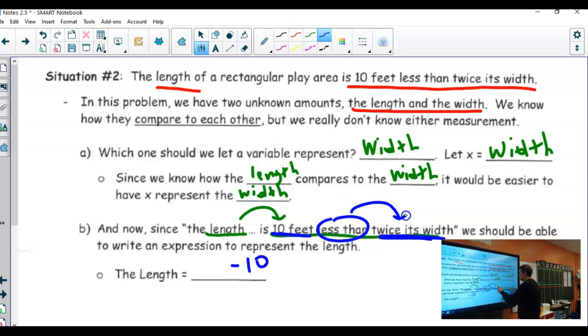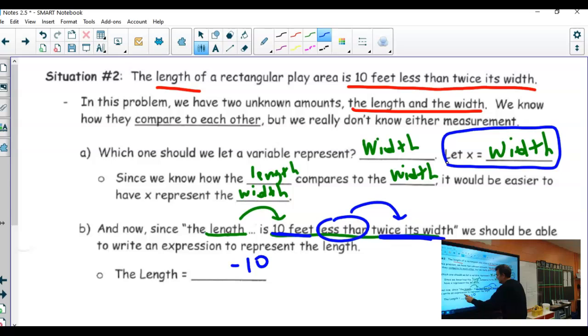Twice the width. So if the width is x, twice the width would be 2 times x. And so this would be 10 feet less than twice the width. I'd start with twice the width, subtract 10 from it to get 10 less than it. And I have now represented the length.